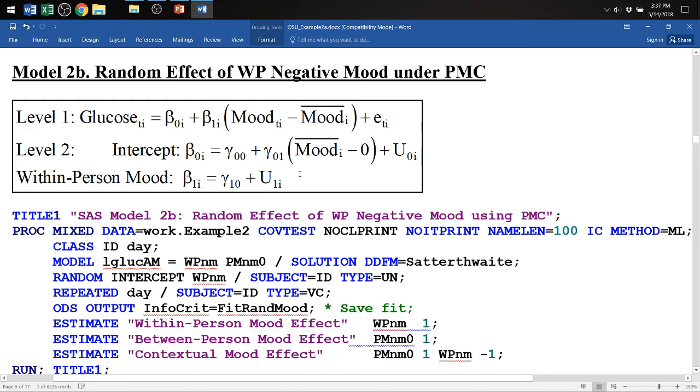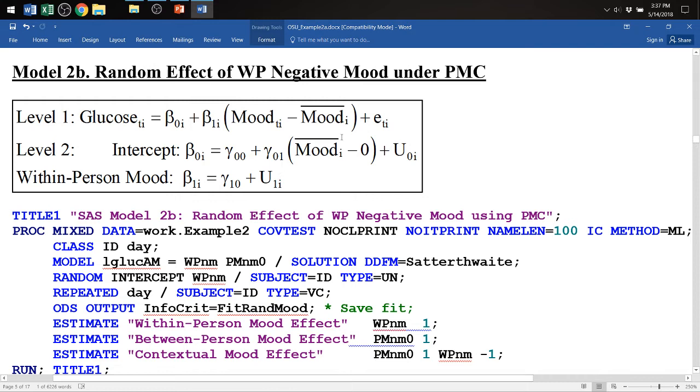Only lower levels can be random. Yeah, only the lower ones. So a level 1 effect of within-person negative mood can vary randomly over level 2 persons. The level 2 between-person negative mood effect cannot vary because it needs a level 3 to vary over.